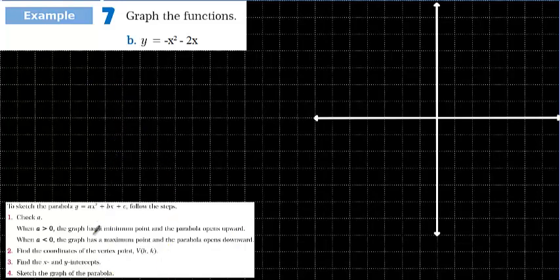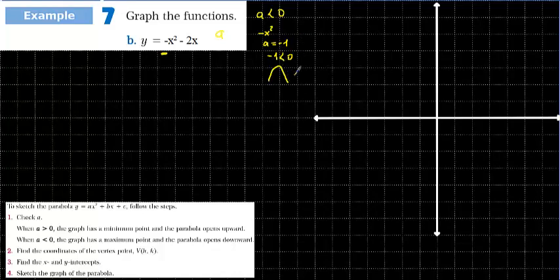What are we going to do here? We are going to find firstly the vertex point, and we are going to define the a value. As you see, a is less than 0, since it is minus x squared, a is equal to minus 1. It means that minus 1 is less than 0, so our parabola is going to look downward.